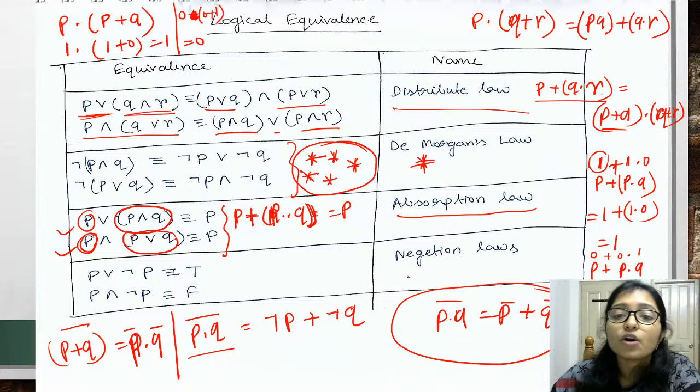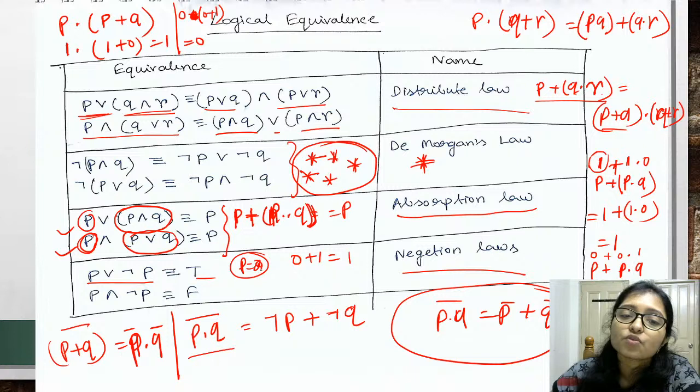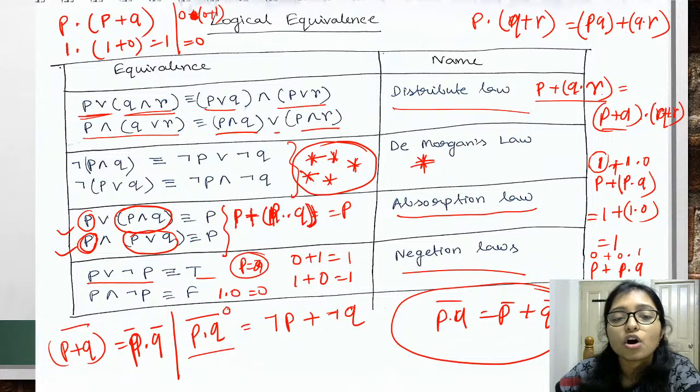Okay. Now negation law. What is negation law? P or not P is true, definitely, because if you take P equals 0, then 0 plus 1 will always be 1. Or if it is 1, then 1 plus 0 will definitely be 1. And for AND, if you take 1 dot 0, or 0 dot 1, every time it will be false.